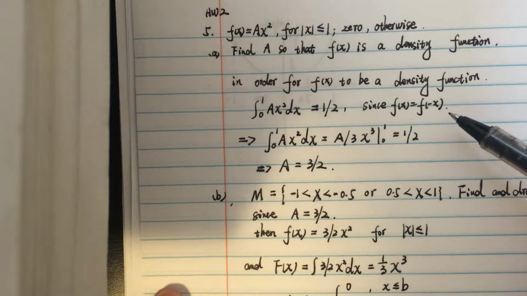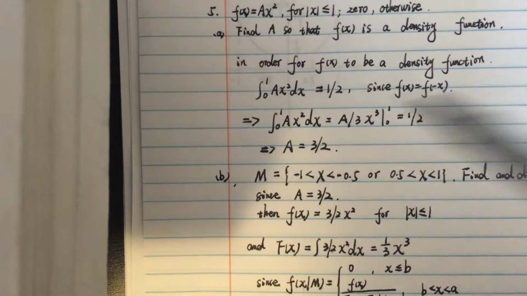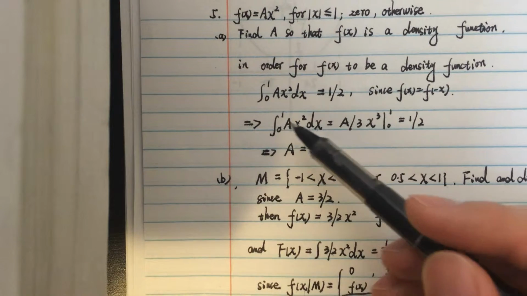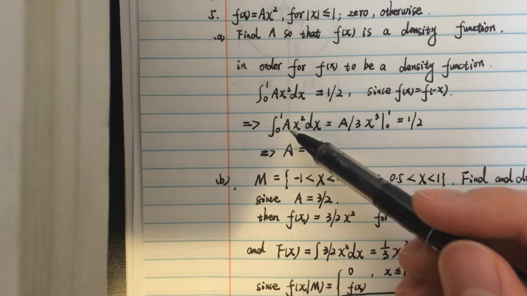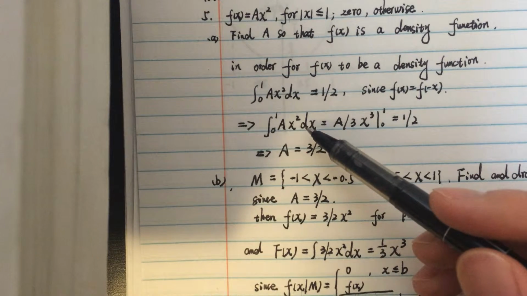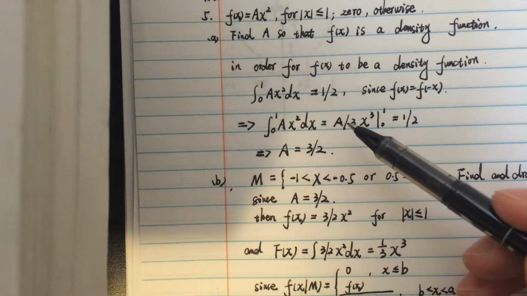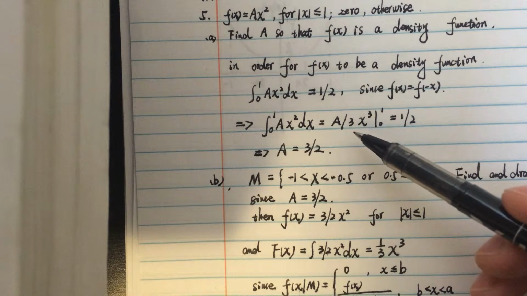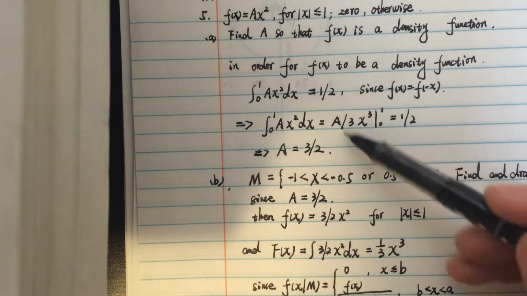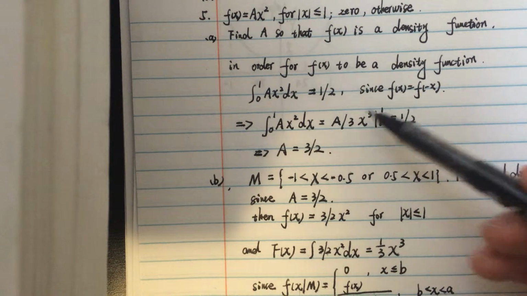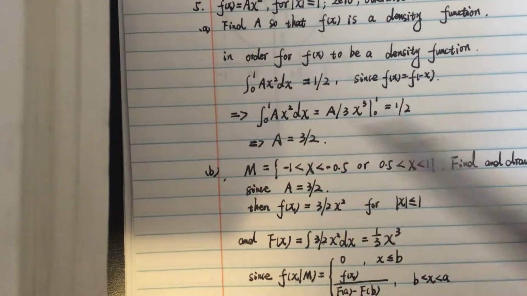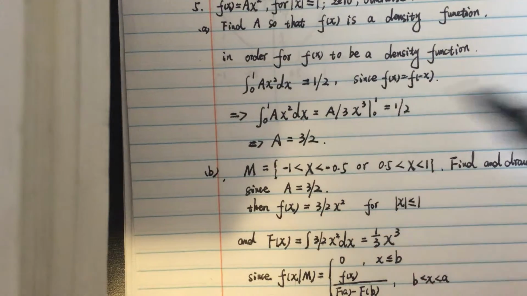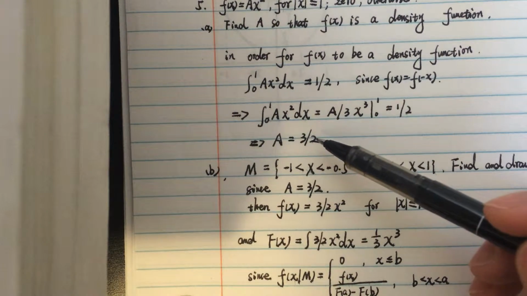It is an even function, so we can get that the integration from 0 to 1 of a times x squared dx equals a over 3. This integration equals 1 over 2. Finally, we get that a equals 3 over 2.